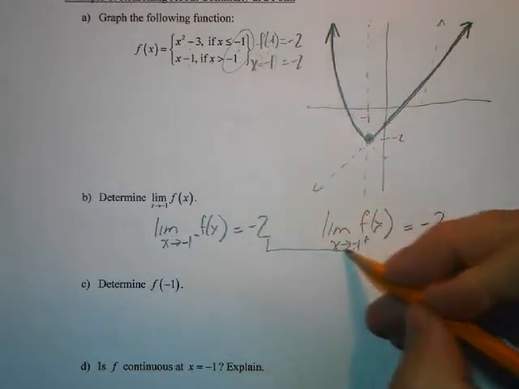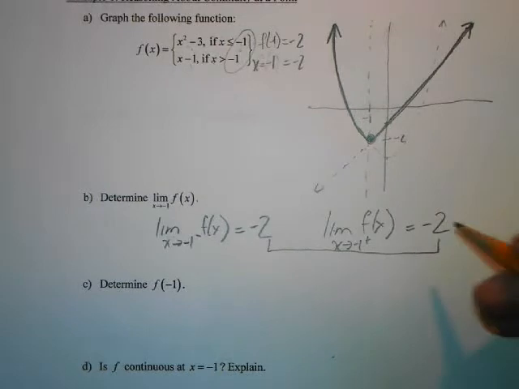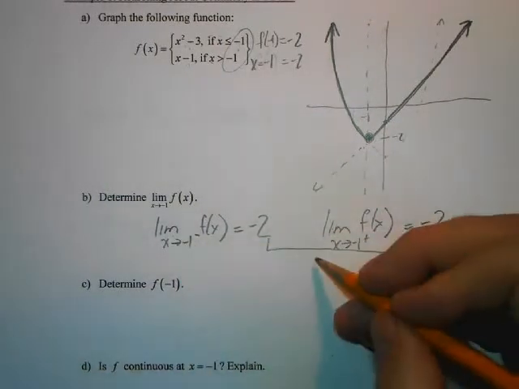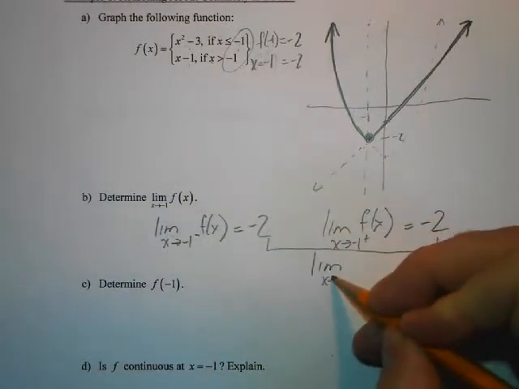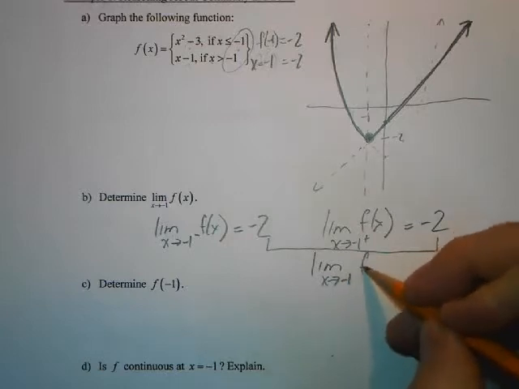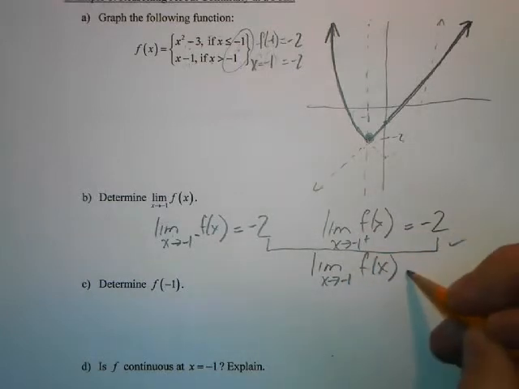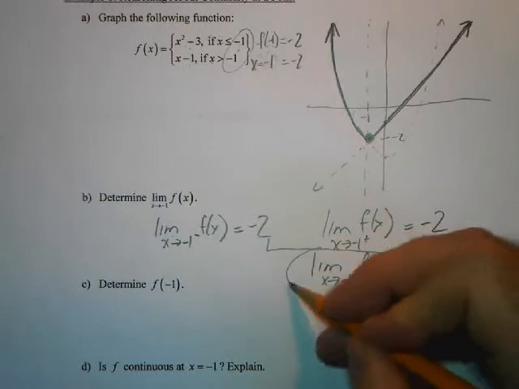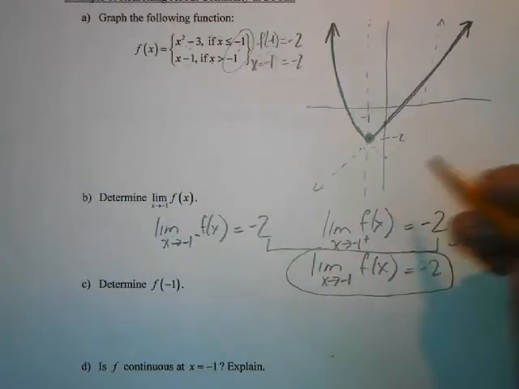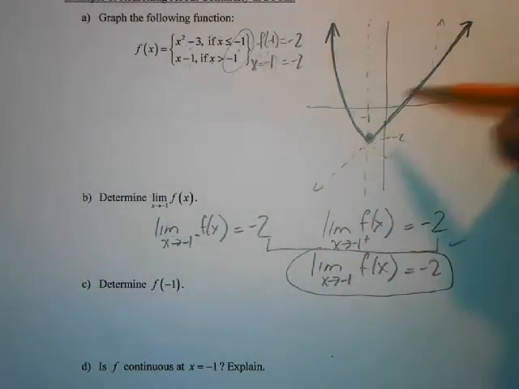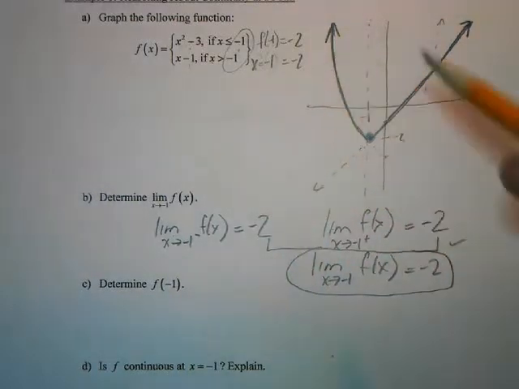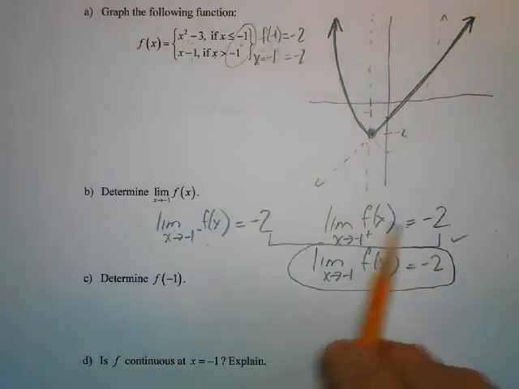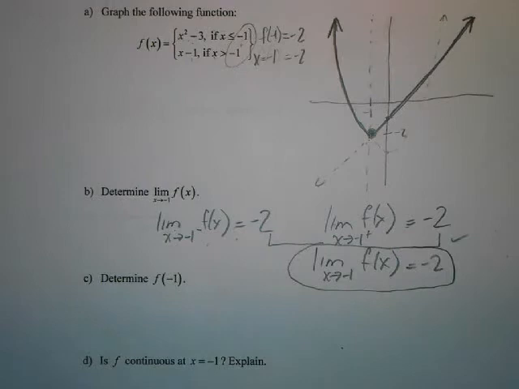So the fact that these two match tells us that the overall limit as x approaches -1 of f of x is equal to -2. So that's our answer. You could just look at the graph and say it, but it's a little cleaner mathematically if you show that it's the same from both sides.